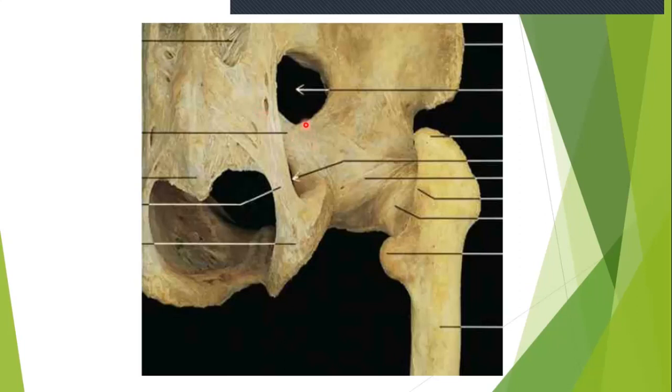These two ligaments convert the greater and lesser sciatic notches into the greater sciatic foramen and the lesser sciatic foramen respectively. Those foramina are very important. We will be looking at the contents which pass through them in another video.